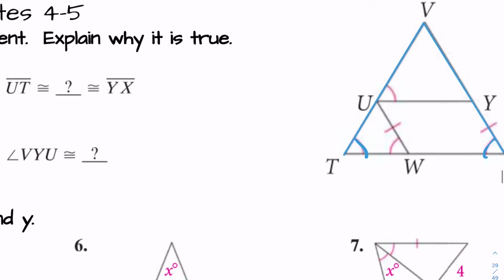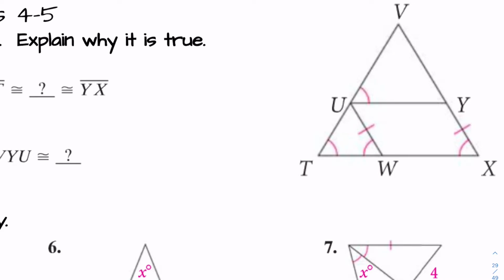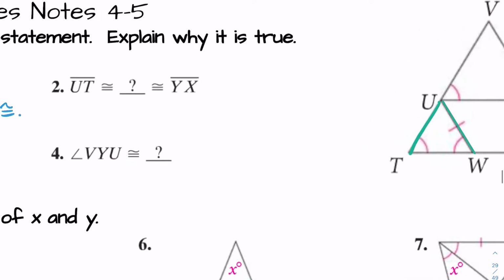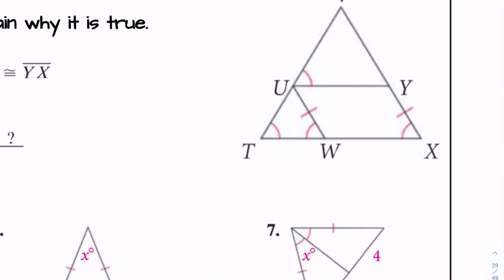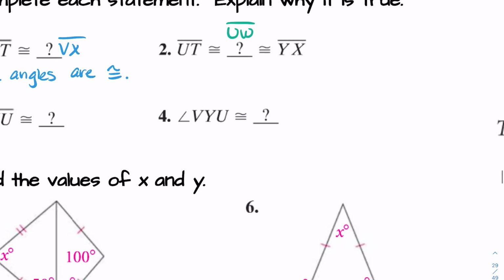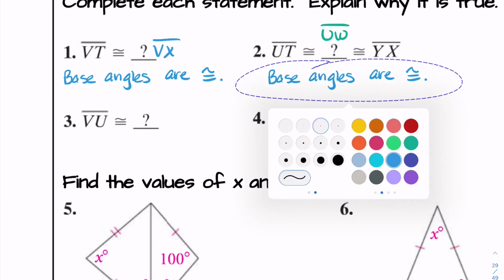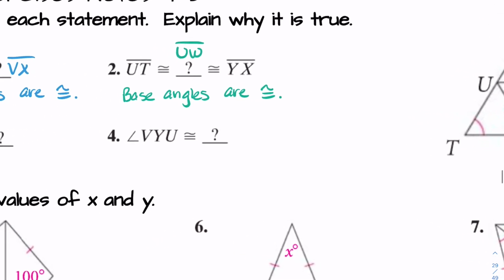All right, we have UT. So we have UT is congruent to something is congruent to YX. Well, it looks like the only other thing it could be is UW. Okay, so UW is the answer there. All three are congruent, and we're going to say base angles are congruent again.